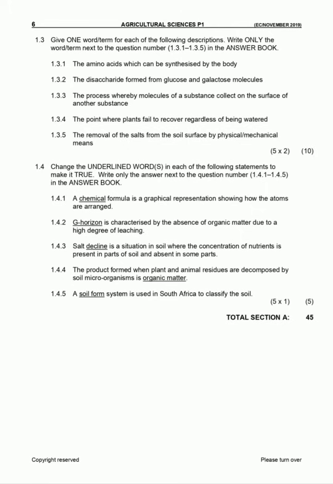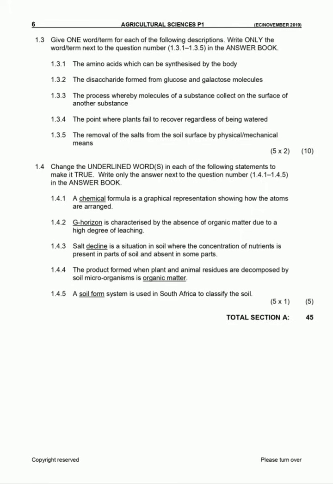So the E horizon is characterized by the absence of organic matter due to a high degree of leaching. So again, the key terms there: we've got organic matter, then we've got leaching. So what is characterized by the absence of organic matter due to high degree of leaching?